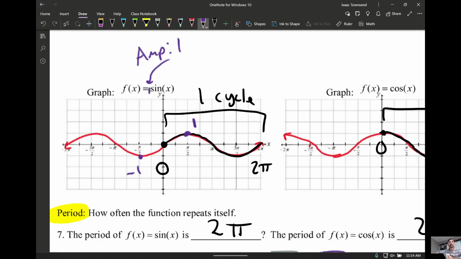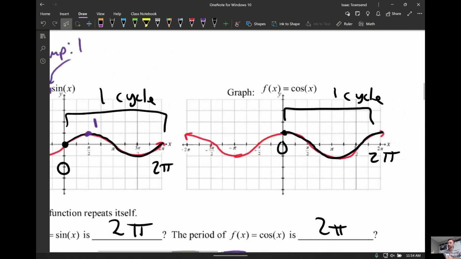Since there's not a number out there, it's an assumed 1. Absolute value of 1 is 1. Same thing over here. A is 1, so the amplitude is 1. Visually, that means the distance between the max and the min. If you take that distance and half it, you get the same value.